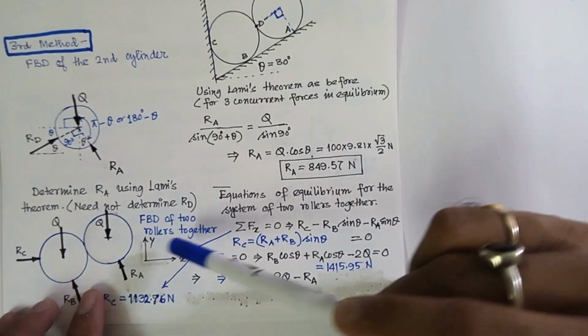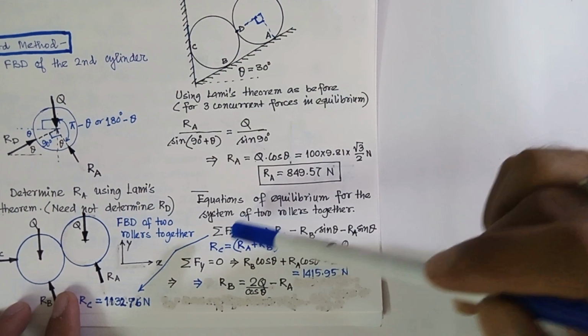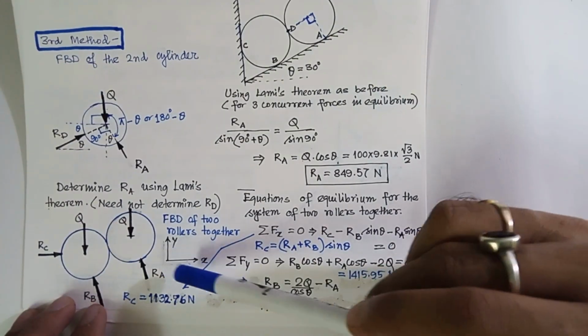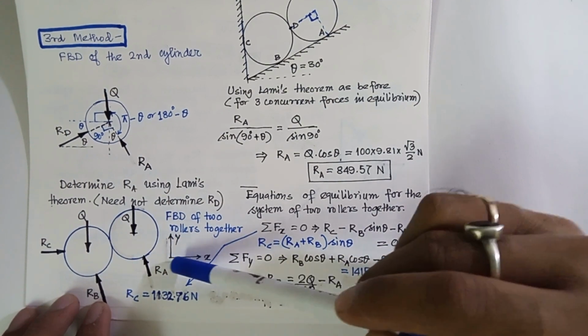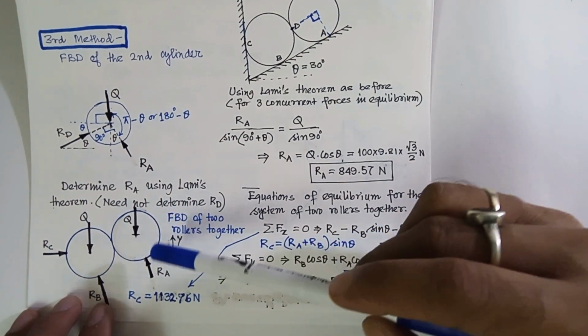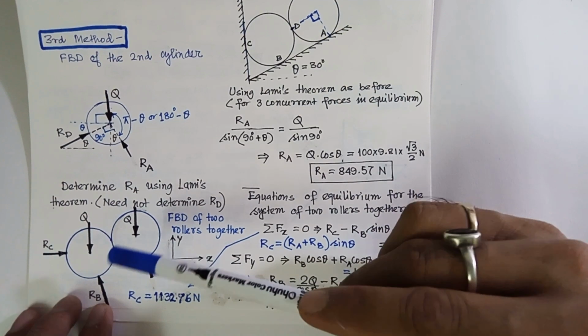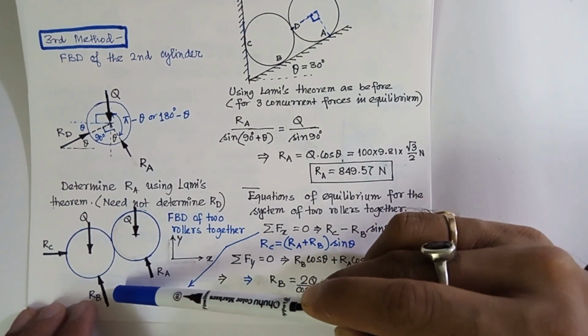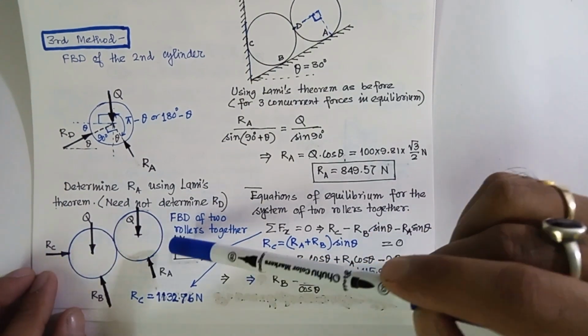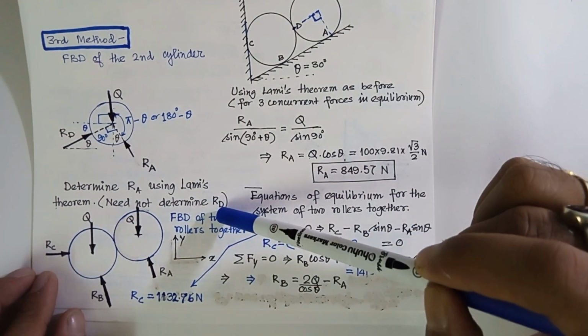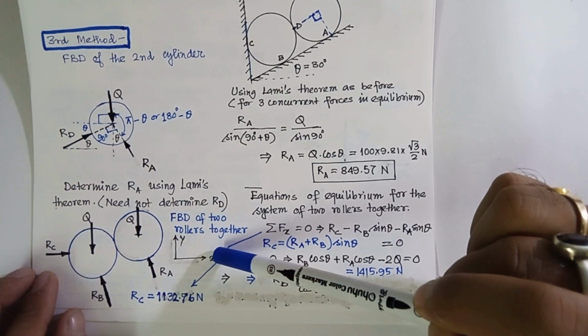We have written the force equations only, and again in this case what I have done is I have taken the direction of the coordinate as horizontal and vertical, because RA is already solved, so only unknown is RB, and therefore you can either take along the inclined direction or along the horizontal direction.